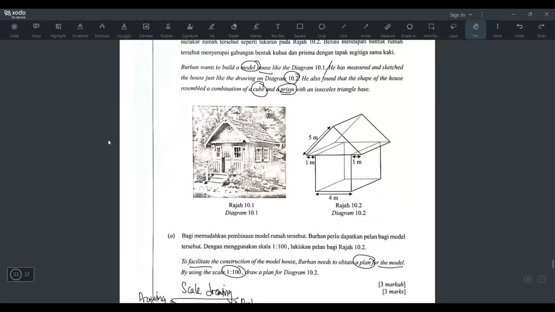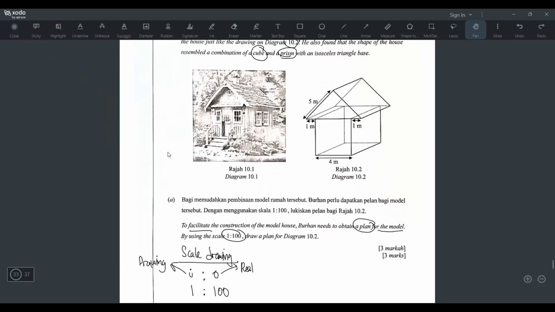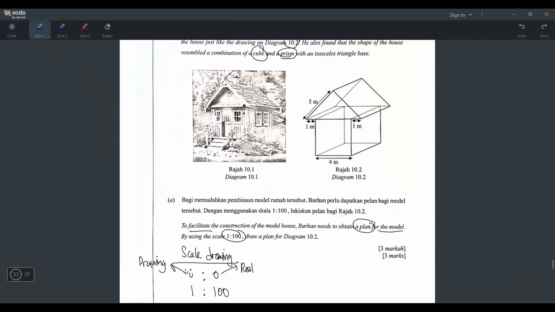Okay. So do you remember just now they mentioned something about a model house, right? And then they also mentioned about drawing, right? So definitely it's talking about the drawing ratio being 1, but the actual real size is 100 times bigger, right? The real size is 100 times larger than the drawing, right? Because usually when you draw, you cannot draw the actual size.